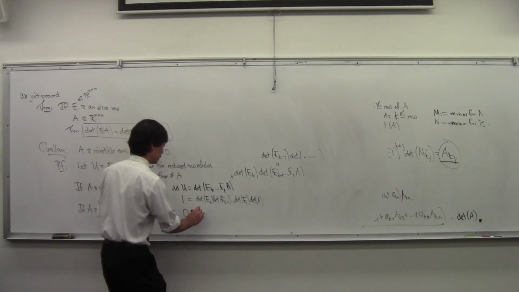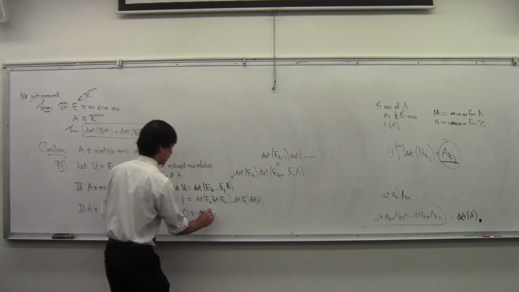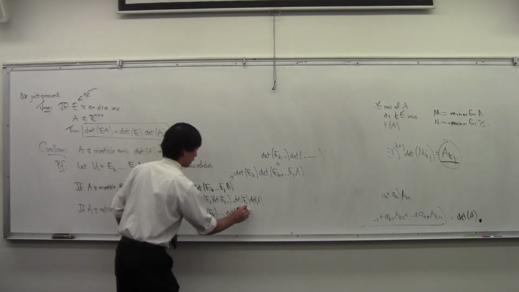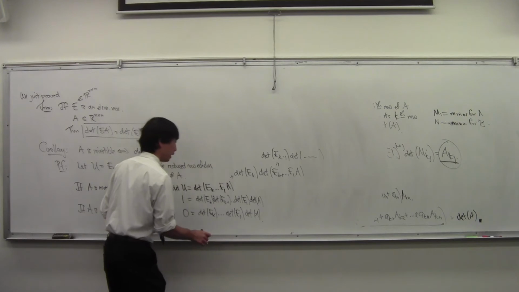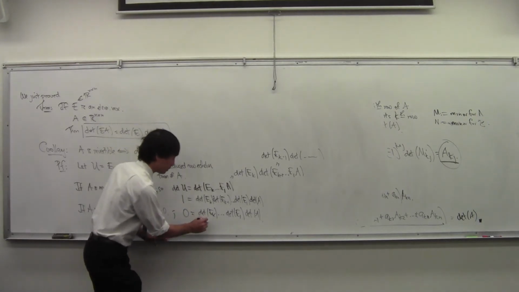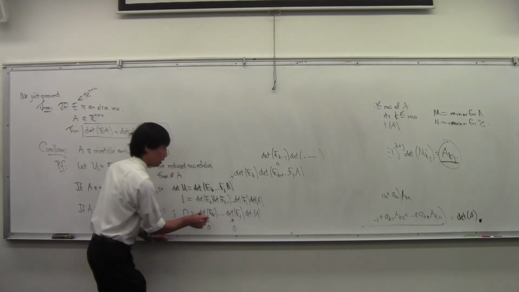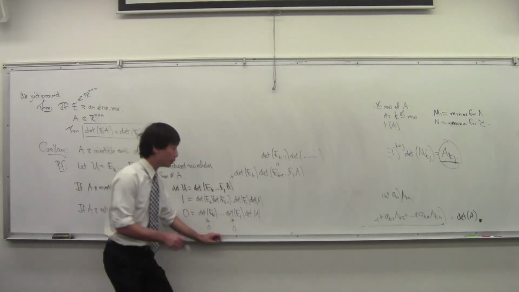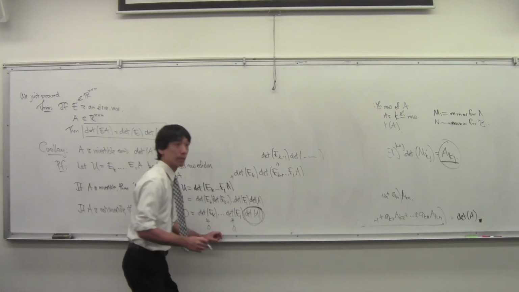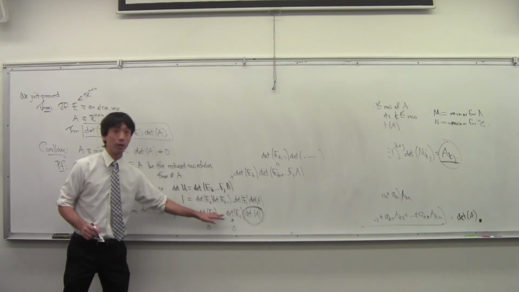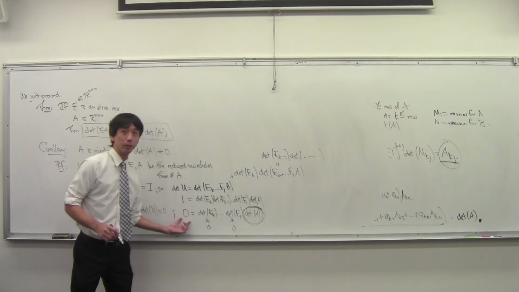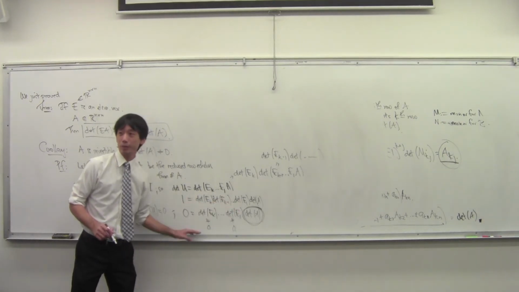So 0 equals the determinant of these guys times the determinant of A. And here's where we need to use the fact that I sort of brought up earlier, too early. The determinants of the elementary matrices are all non-zero, so that must mean that this guy is 0. These guys are all non-zero. So the only way we could get 0 is if the determinant of A is 0.